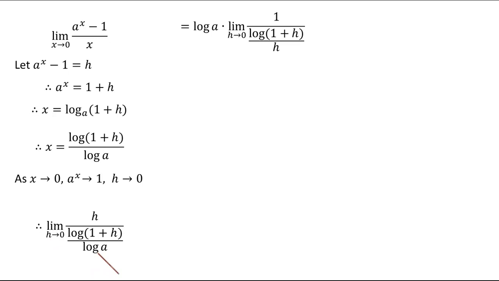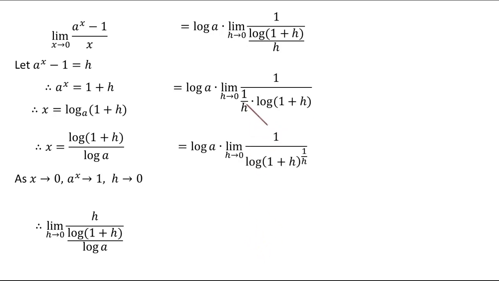Now, we can take this log a in the first line and this h in the third line. So log of a multiplied by limit as h goes towards 0, h upon log of 1 plus h. So log of a multiplied by limit of h going towards 0, 1 upon, and we are just pulling this the whole upon h outside, and we can rewrite it as 1 upon h log of 1 plus h. And now this 1 upon h is multiplying a logarithmic function. This can be written as the power of that logarithmic function.